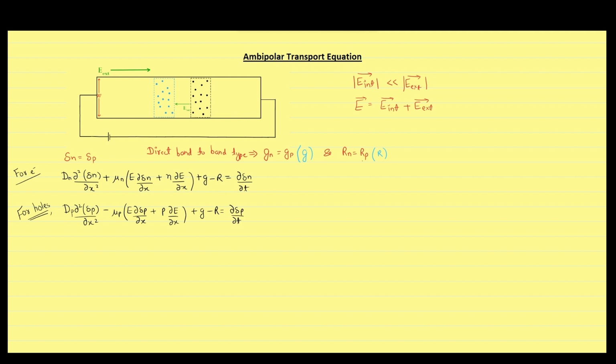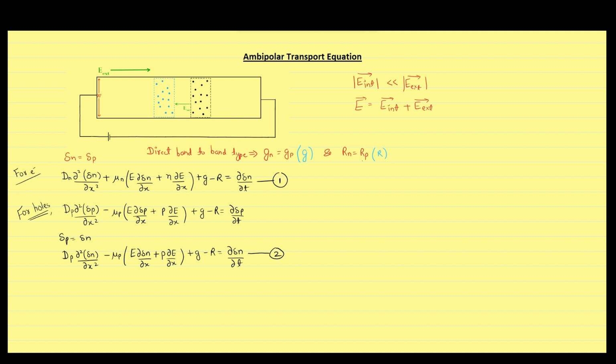But we also know that delta P is equal to delta N. So, after replacing delta P with delta N in the continuity equation for holes, we will get this. Let this equation be the first equation and this equation be the second equation.